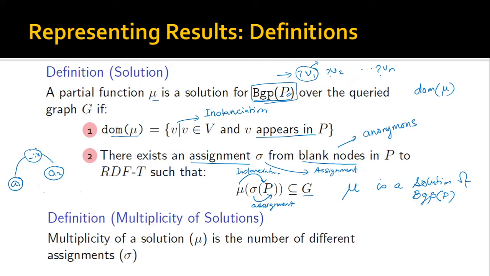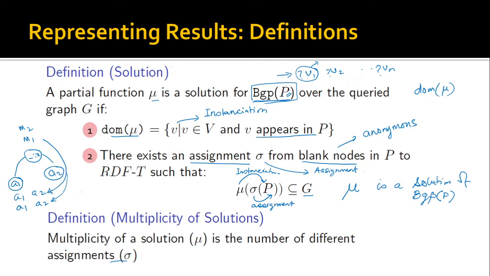If you are doing multiple instantiation of this X with say movie1 and movie2, we'll be repeating A1, A2 and A1, A2 in your solutions. So this result of assignment of this blank node with M1 and then M2 is giving you two same solutions, right? The solution is getting repeated here, right?